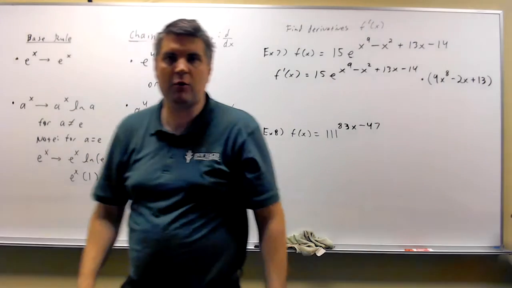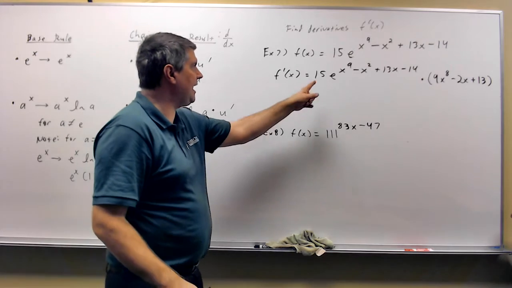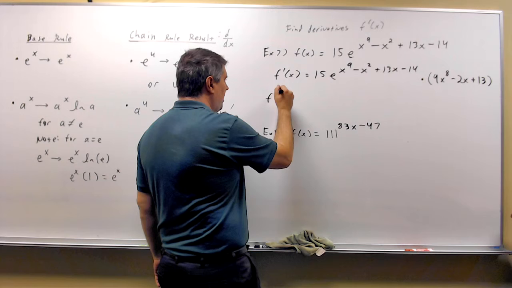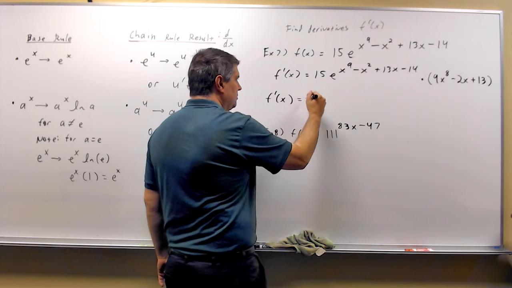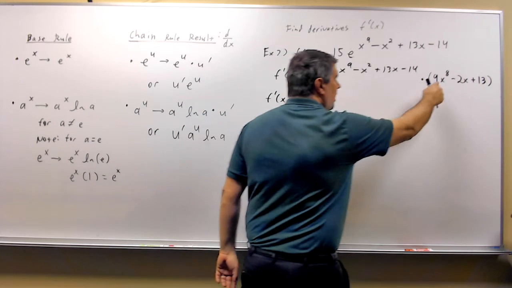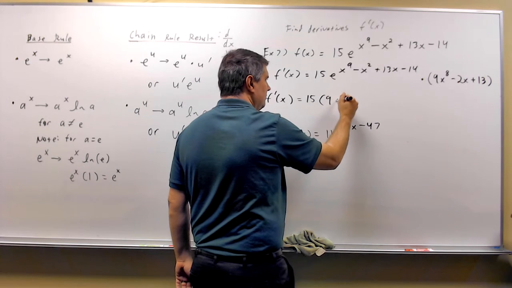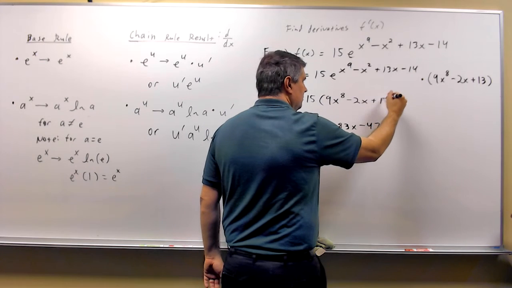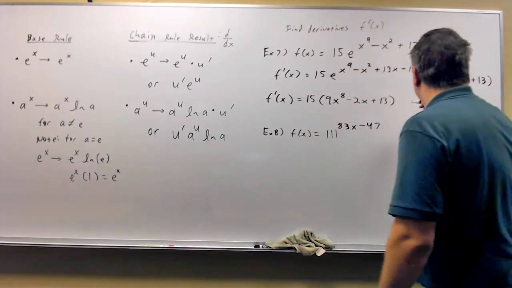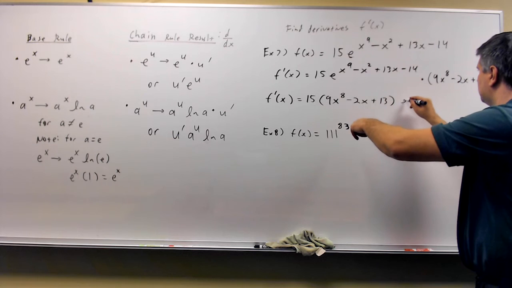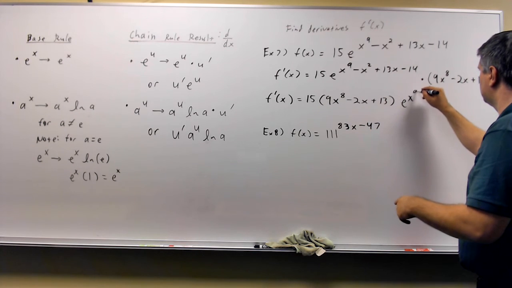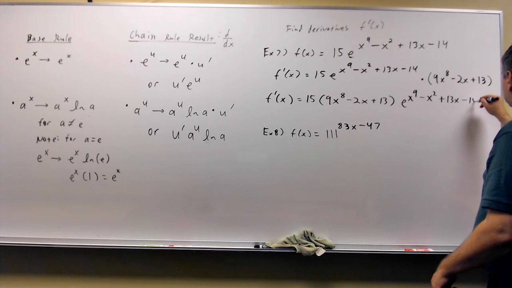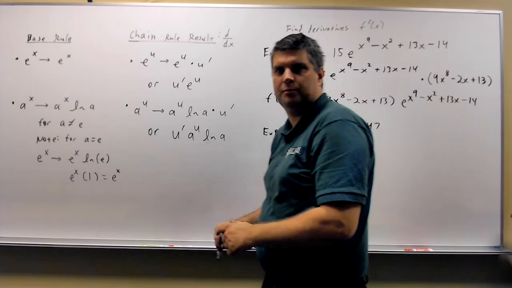Now, I'm going to rearrange this so that the exponential expression is last, and I'm also going to leave it factored. So I'll have f prime of x equals 15 times this, and then the exponential expression goes last. Like so.